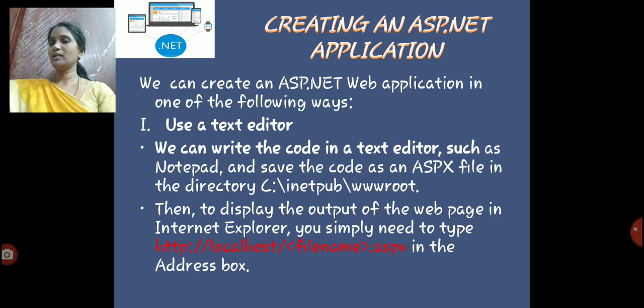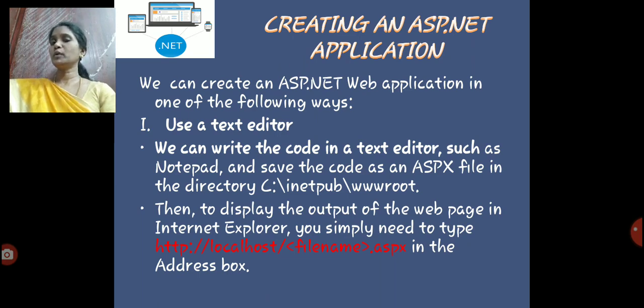We know well the ASP.NET file will be created only with the extension .aspx. So when we use the text editor, it should be explicitly saved with the file name ending in .aspx. That extension we should include, right? It should be saved in the directory C:\inetpub\wwwroot. This is the path where it should be, right?